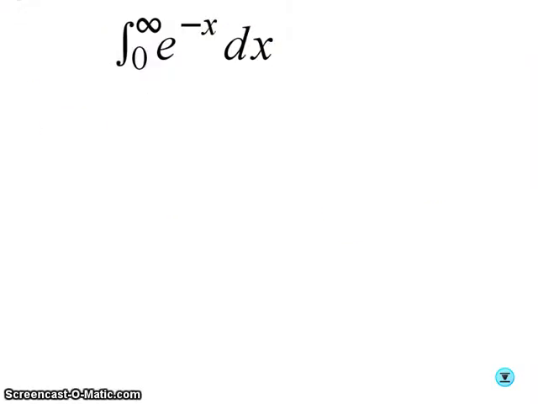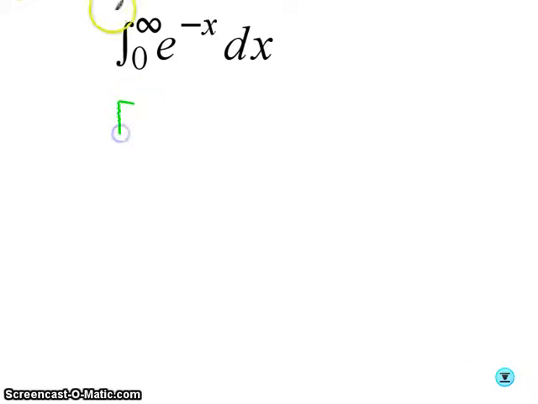So I want you to first look at this integral. Here we have e to the negative x, and we're going to evaluate it from 0 to infinity. Anyone think about how we're going to do this? Well, we can take the integral of e to the negative x. Anyone know what that is?